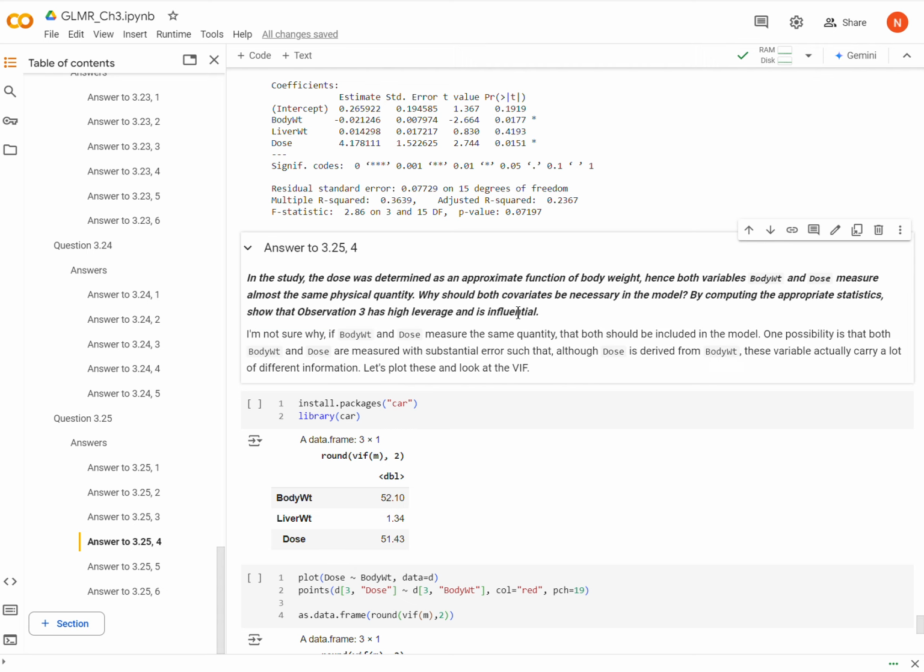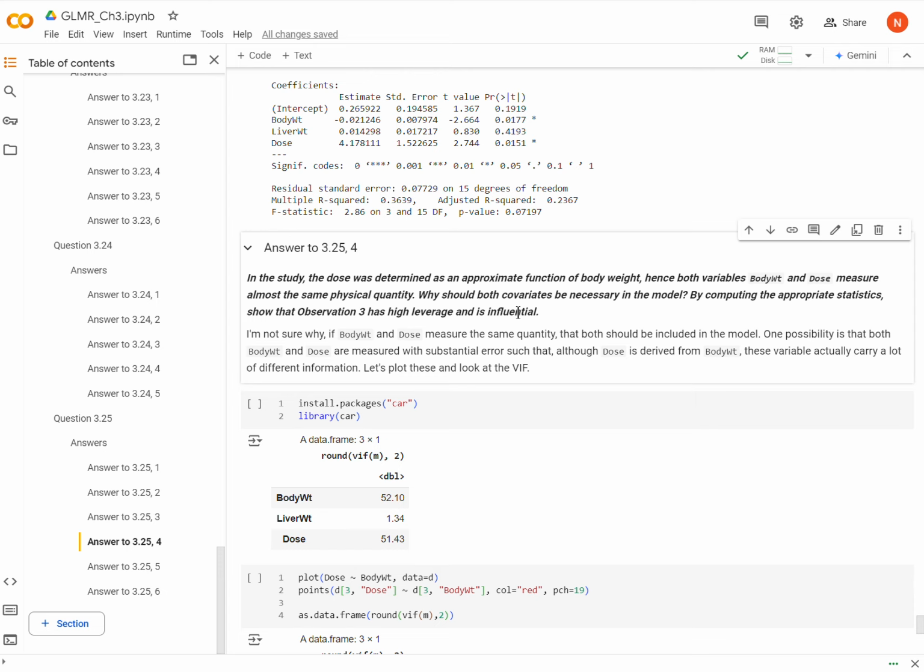But one possibility, having worked with mice and rats in this kind of setting before, is that there could be quite a bit of measurement error. You're putting these squirming rats onto a scale, and they're moving around, and sometimes it's hard to get a really good weight. And then you're having to draw up some drug into a little syringe, and it's always kind of an eyeball thing. You're doing as best as you can, but now you're measuring two things, both with error, and one's a function of the other.